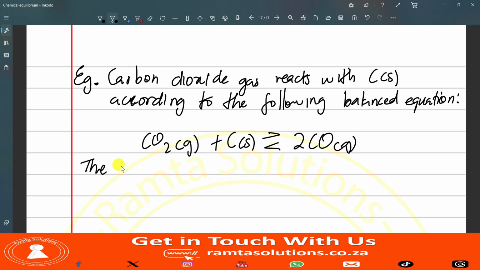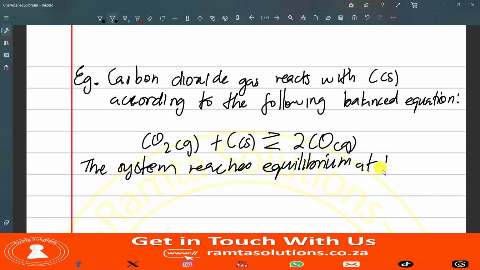Now, the system reaches equilibrium at 100 degrees Celsius.